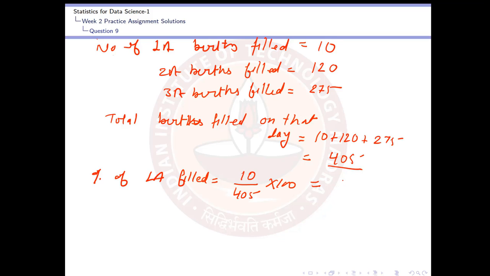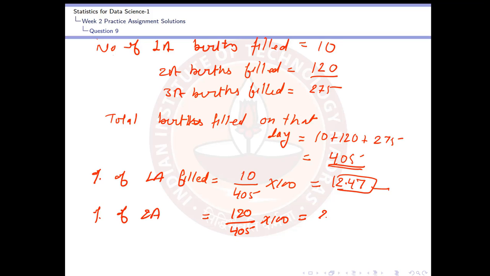When you calculate it, it will be your 2.47, and the percentage of 2A berths filled is 120 divided by 405 into 100, that will be your 29.6%, and the percentage of 3A berths filled will be 275 divided by 405.